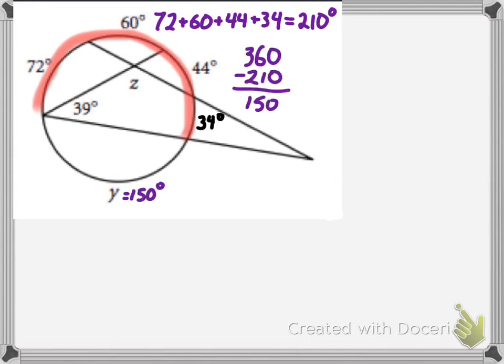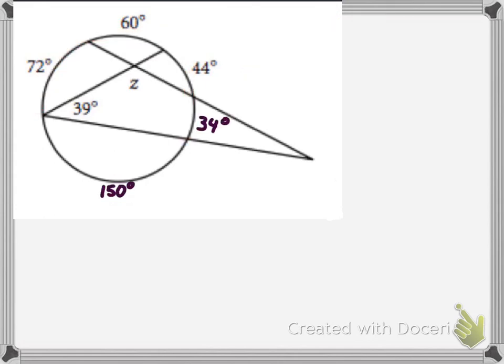Well, 150 degrees. So 360 minus 210 is 150. So that arc y, which is this arc here, is 150 degrees. Now we know this much of the circle, so we know all of the arcs.